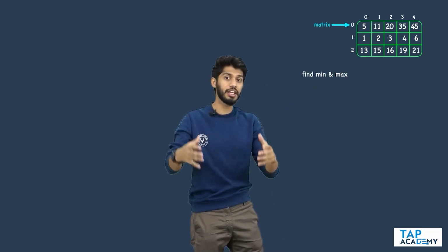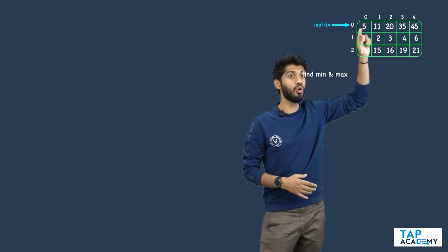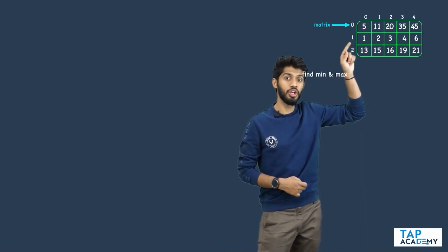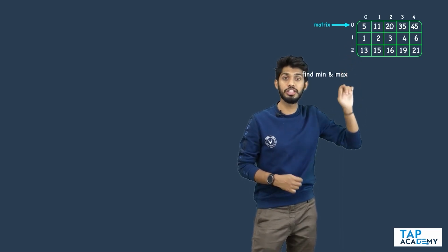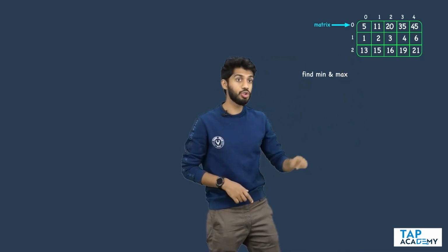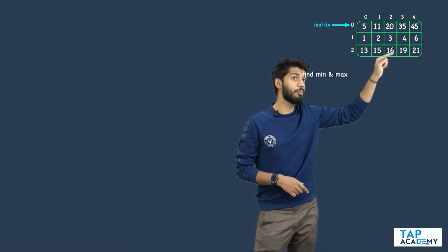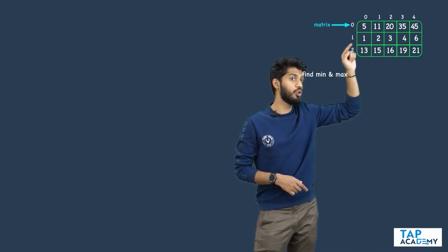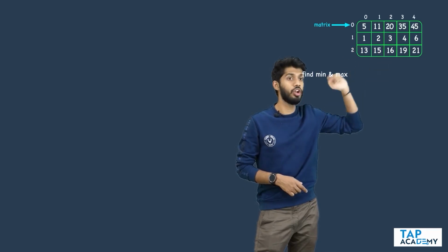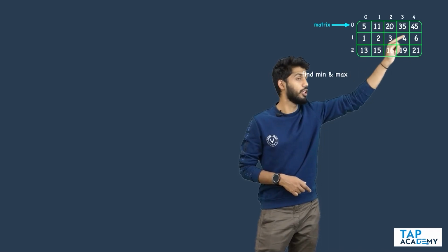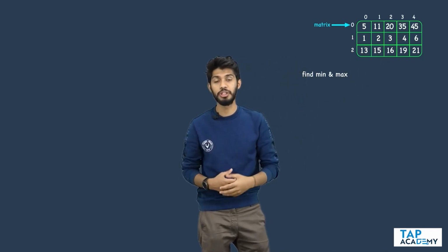One thing I can say is, in the first row, 5 is the smallest element. In the second row, 1 is the smallest element, and in the third row, 13 is the smallest element. Since I know this is the smallest element, I don't have to compare the other elements.